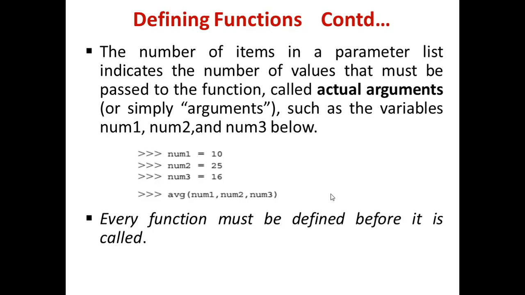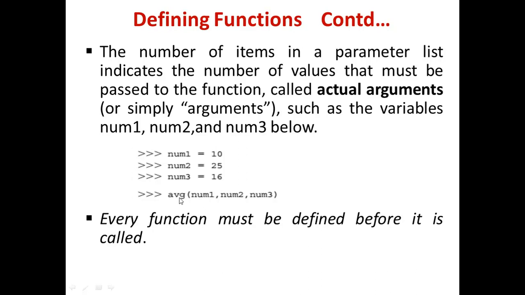Now we see how we are going to define the functions. We'll have a number of items under the parameters. Either we call it actual argument, or simply arguments, or formal argument. We'll see the ways we are using it. I have three different variables called num1, num2, num3, all assigned with values 10, 25, 16.